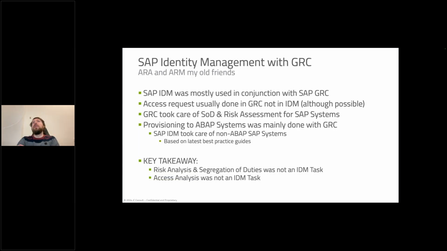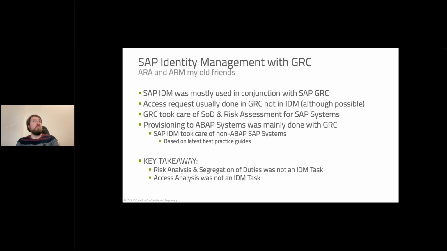When you have an SAP IDM, not always but mostly, companies also had SAP Access Control, or how it was called in the past, SAP GRC, Governance, Risk and Compliance, together with SAP IDM. That was mostly used in conjunction.